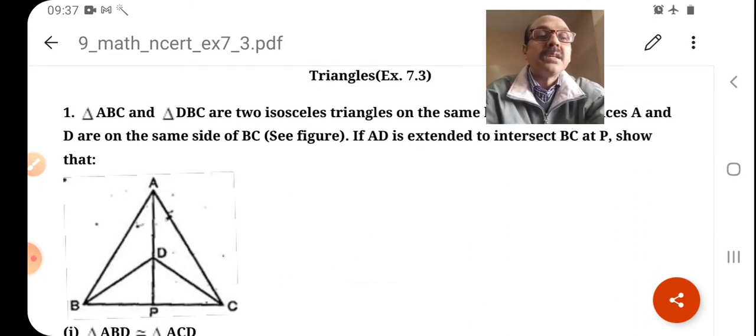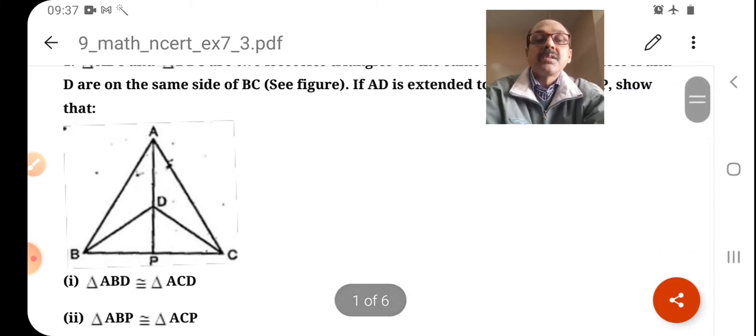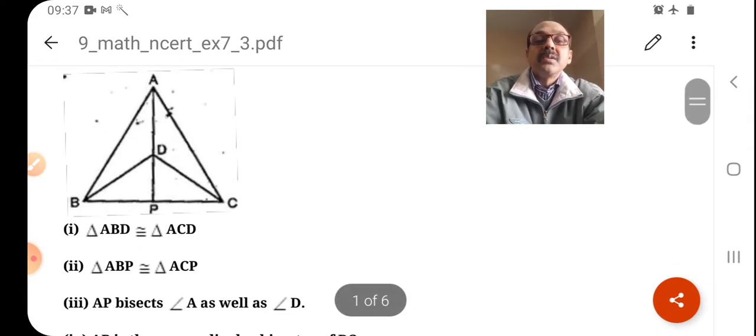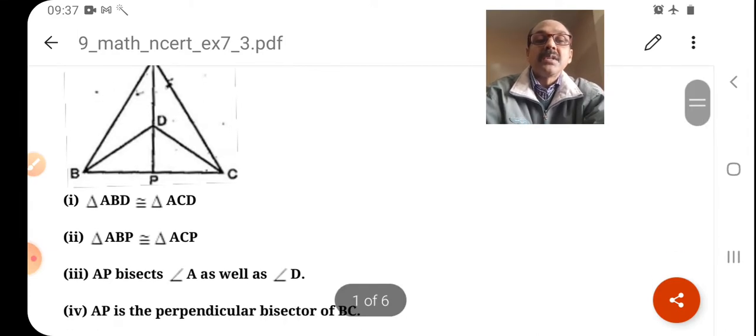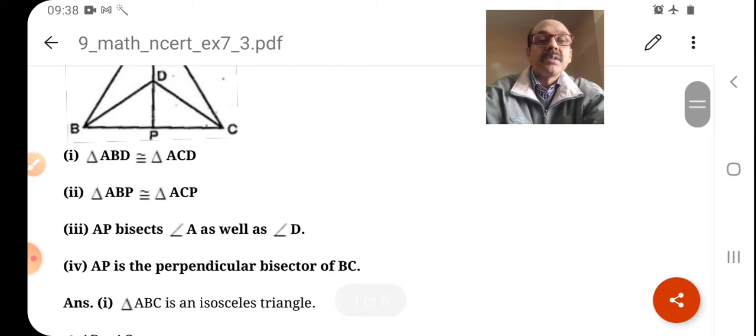AD is extended to intersect BC at P. Prove that: 1, triangle ABD is congruent to triangle ACD; 2, triangle ABP is congruent to triangle ACP; 3, AP bisects angle A as well as angle D; and 4, AP is the perpendicular bisector of BC.